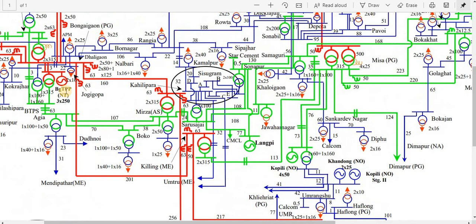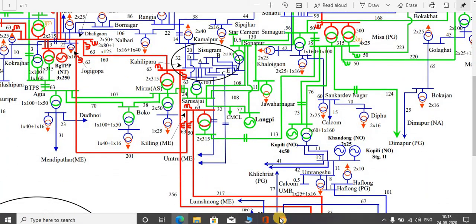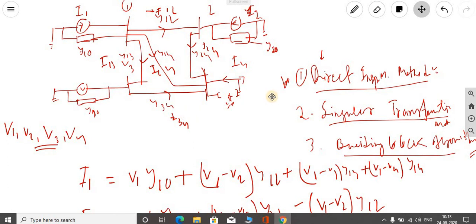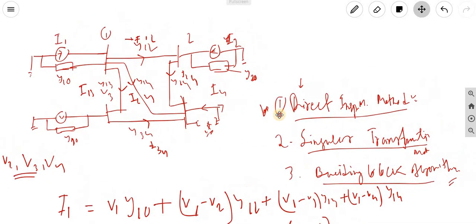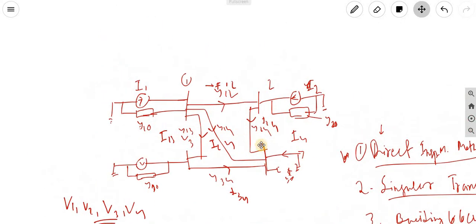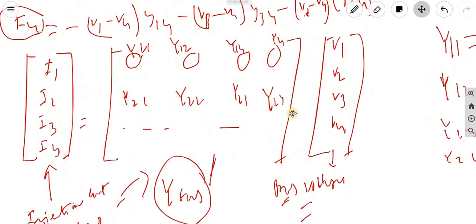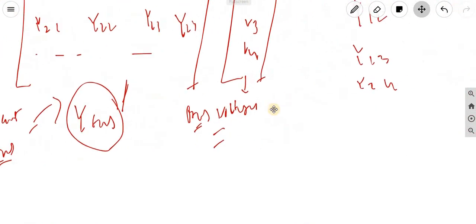For such a network, you can't calculate the Ybus by simple inspection, so you go for an algorithm, for programming. Then only can you form the Ybus. Okay, so this is the way of presenting the Ybus.